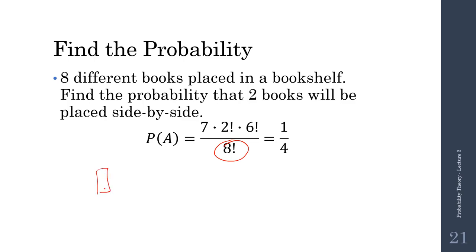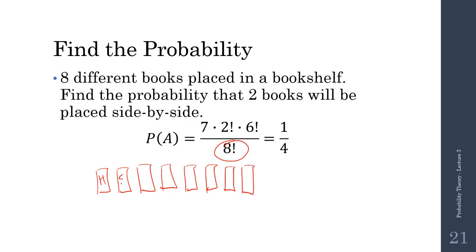Let's say we have different books here: this is history, this is an English book, this is Russian language, and mathematics, physics, chemistry, and programming, and also a book about electronics.